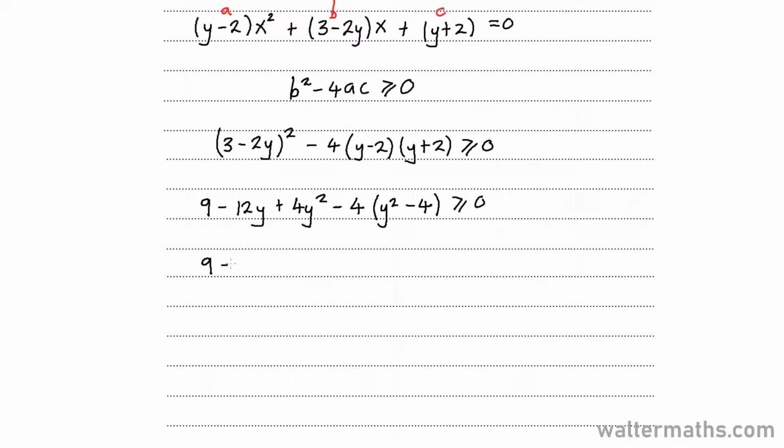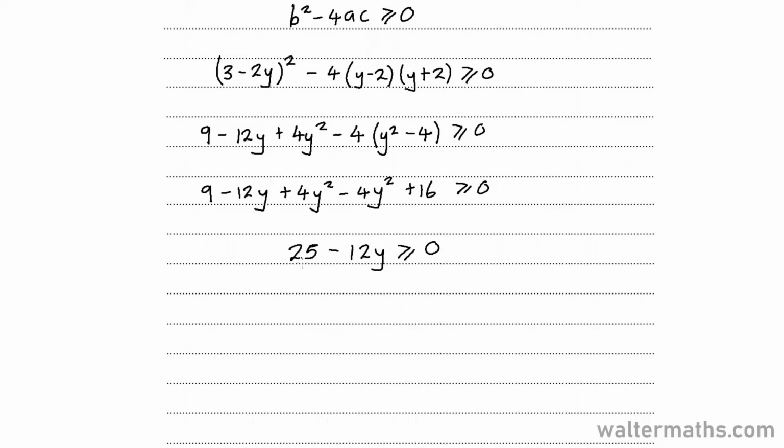So that's 9 minus 12y plus 4y squared minus 4y squared plus 16 is greater than or equal to 0. Now here 4y squared minus 4y squared is 0. Then 9 plus 16 is 25. Then minus 12y is here. So we'll be having it like this. And I can subtract 25 from both sides.